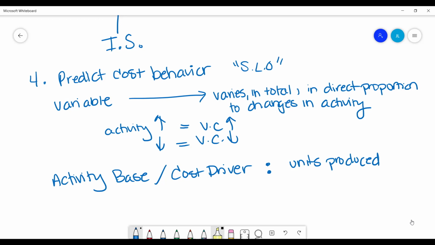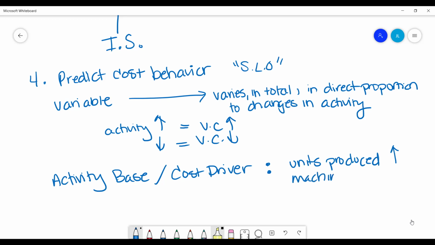For example, as I make more units of product, the cost of direct materials and direct labor should be expected to go up as well. Direct materials and direct labor in general would be considered variable costs because as the units produced go up, we expect those costs to go up in direct proportion or somewhat proportionately.